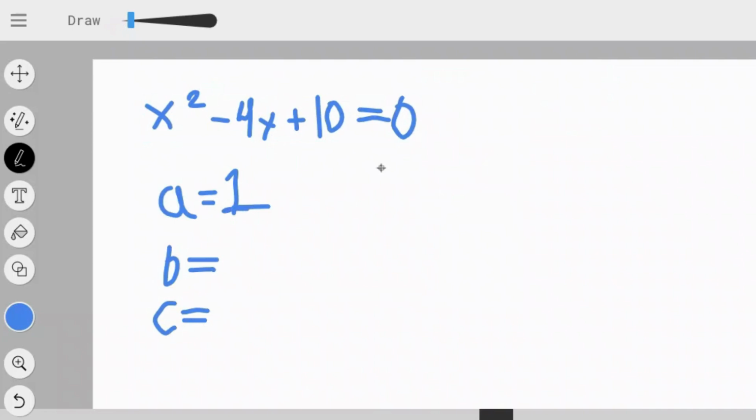But we're going to use the quadratic formula. And then B would be 4, because it has that variable behind it, and then C is going to be our constant, so that will be 10. So there we have our numbers, and now we're going to plug it into the quadratic equation.